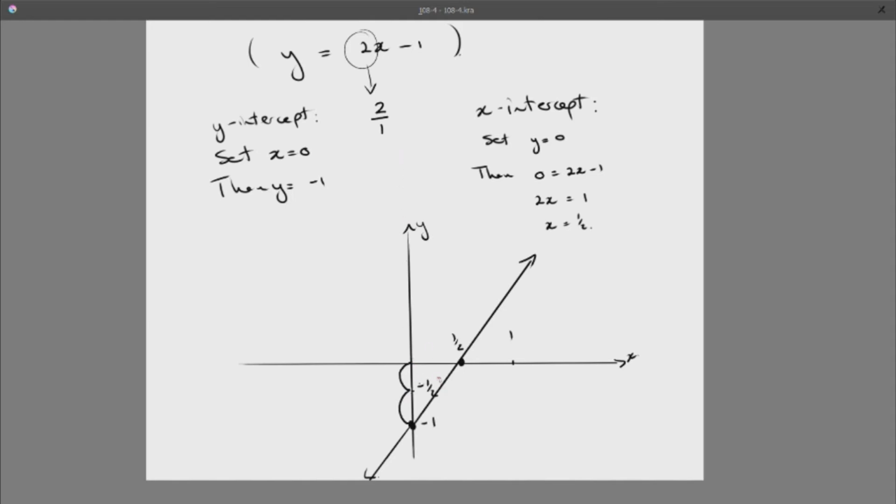And then to get back to my line, I have to take the denominator number of steps to the side. So if I take 2 steps up, in this case, I have to take 1 step to the side to get back to the line. And that's going to be from any point to any other point on the line. So the 2 here gives me a ratio, a 2-to-1 ratio for the change in the y direction to the change in the x direction.